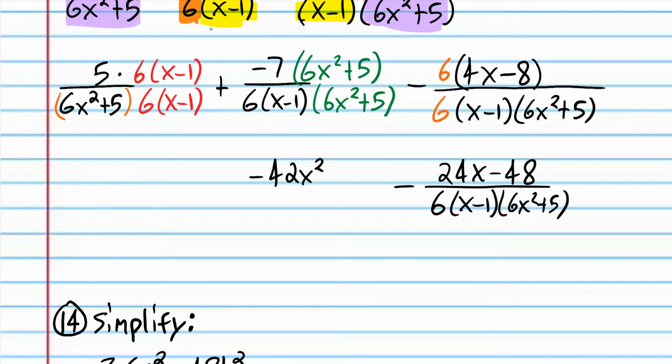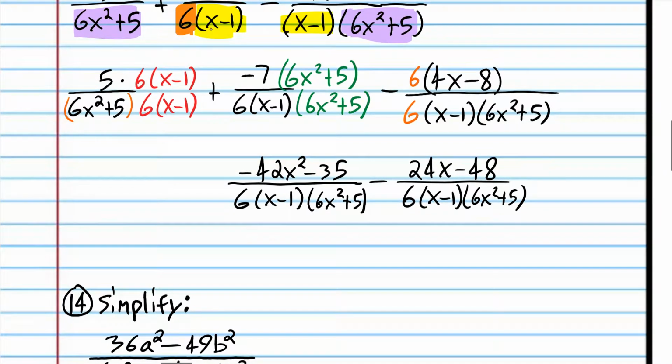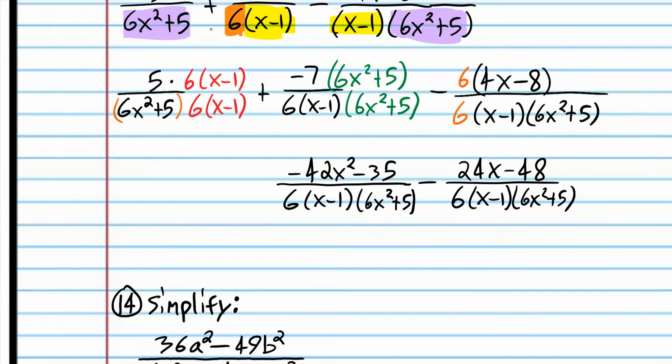Negative 7 times 5 is negative 35. Then just rewrite my denominator. So you can see we're doing well because we have the same denominator. You see?